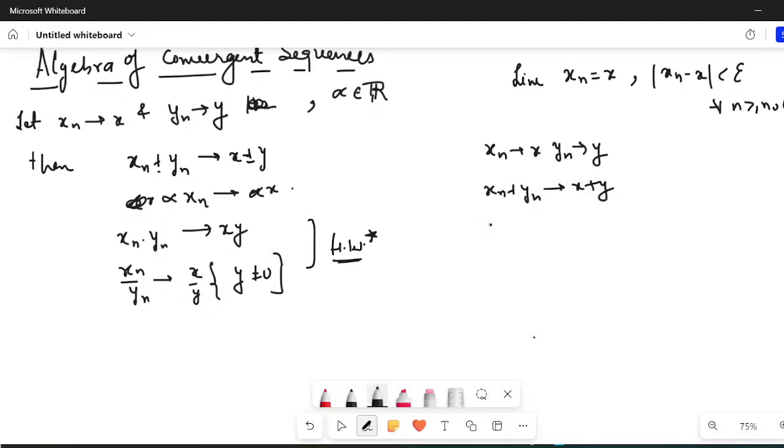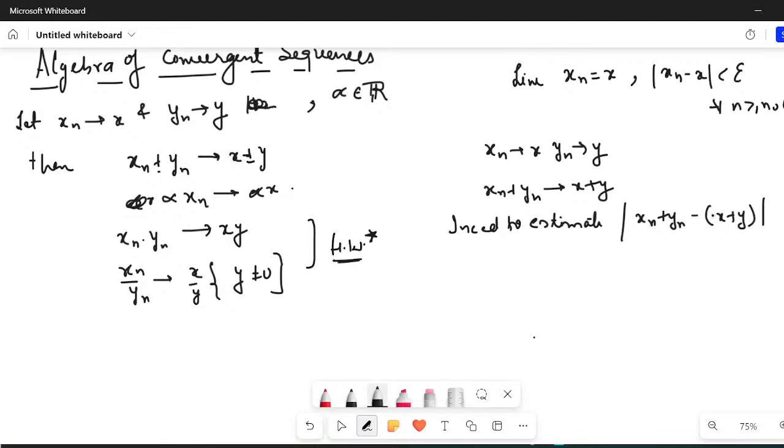I need to estimate |(xn plus yn) minus (x plus y)|. If this estimate comes out to be less than epsilon for all n greater than or equal to some number, then I would say that the limit of xn plus yn is x plus y, according to the definition of convergence of sequences. So I hope it is clear.